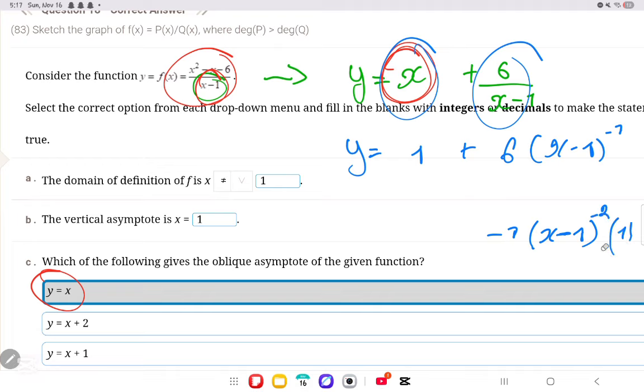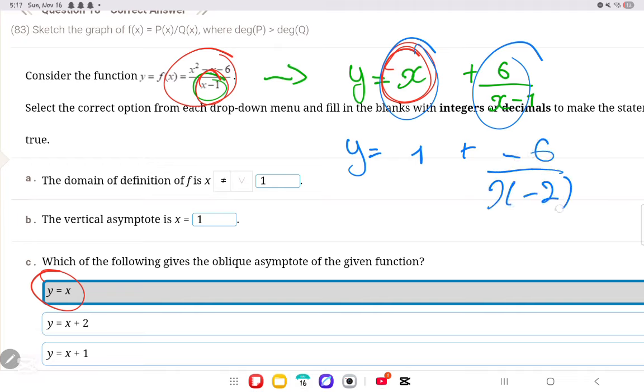So that means it's going to be 6 times minus 1, x minus 1 to the power of minus 2. So minus 6 over x minus 1 squared.